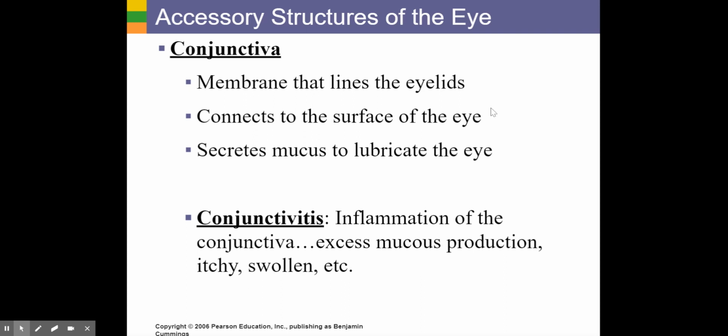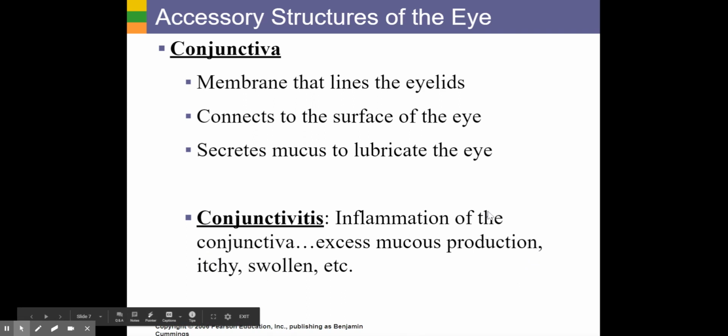It's also one of the reasons why if you get somebody to keep their eye closed for a short period of time, if they have something in there, whatever piece of debris is in there will usually work its way out because it'll hit this membrane. The membrane mucus will pull it out to the surface, and then it can usually either be flushed out or the secretions will take it out itself.